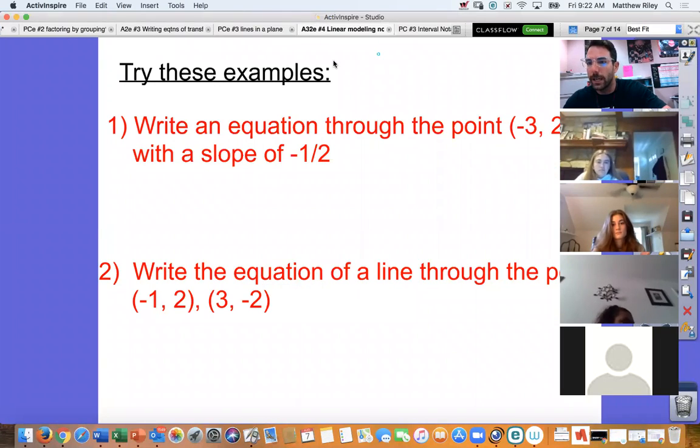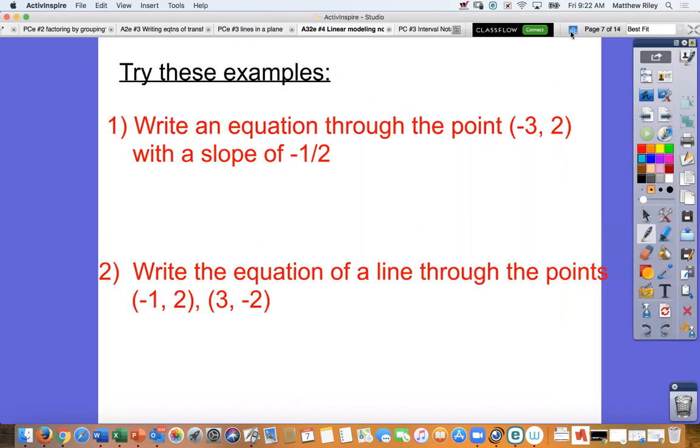So I would like you guys to take about a minute to 2 minutes. This is what we did yesterday. So write the equation. Notice I'm not giving you the equations. I'm giving you information. Know how to write it. And I want them both in slope-intercept form.